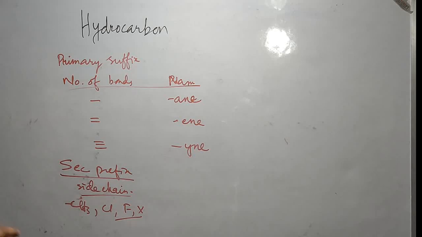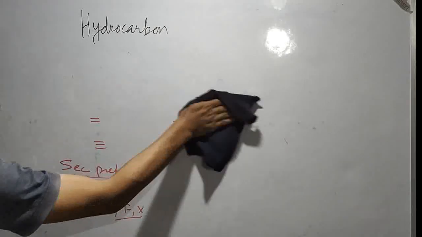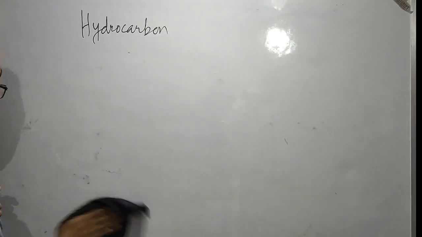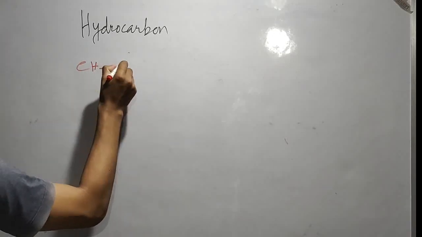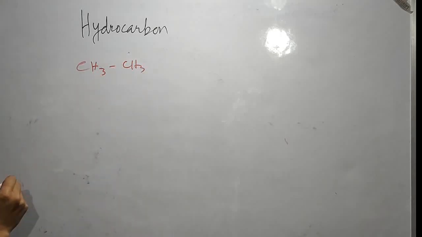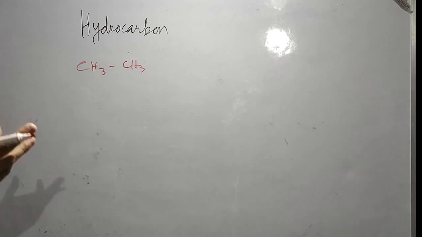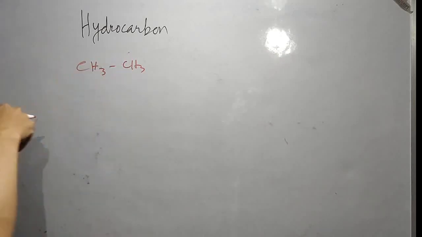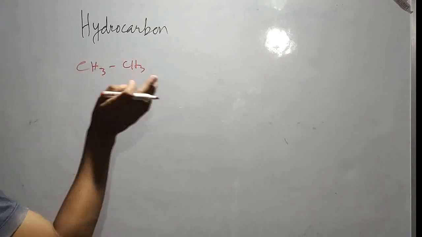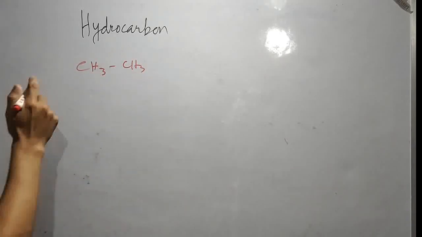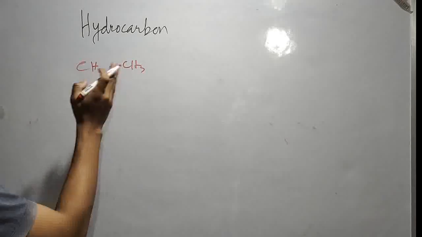Okay, now let us try out some basic things. Say for example, CH3, CH3. Now I want you to go through the rules of naming the nomenclature. According to the first rule, we have to choose the longest chain.